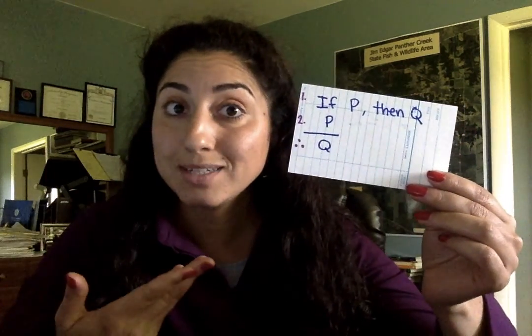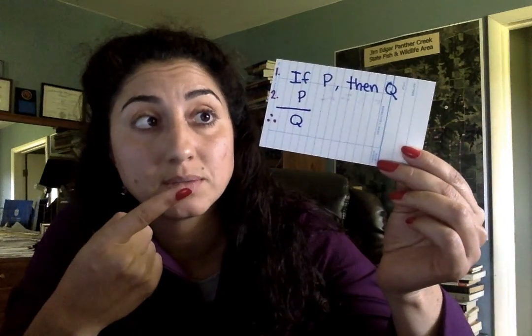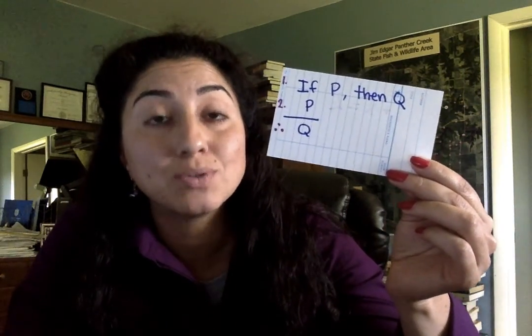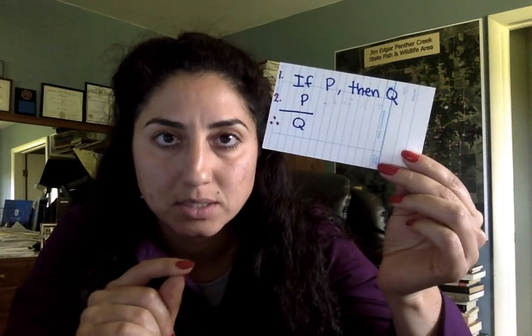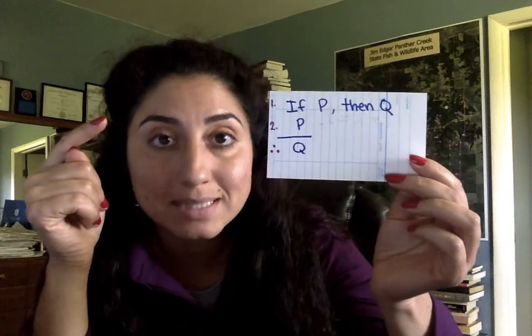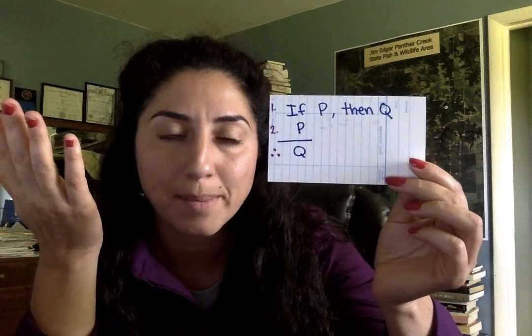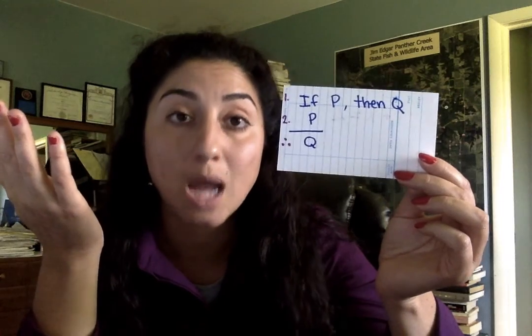What I just read to you is following the structure of modus ponens. What I just read to you is a valid argument, but it's not sound. It's not sound because the premises are actually false. It's false that Obama is Persian because Obama is not Persian.